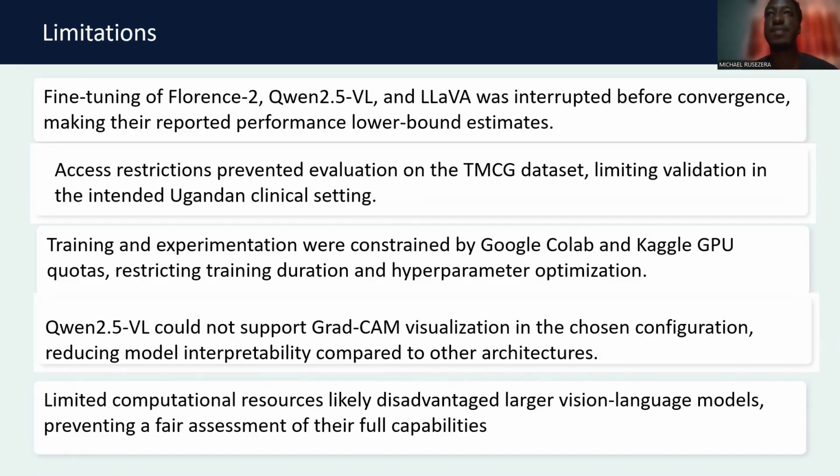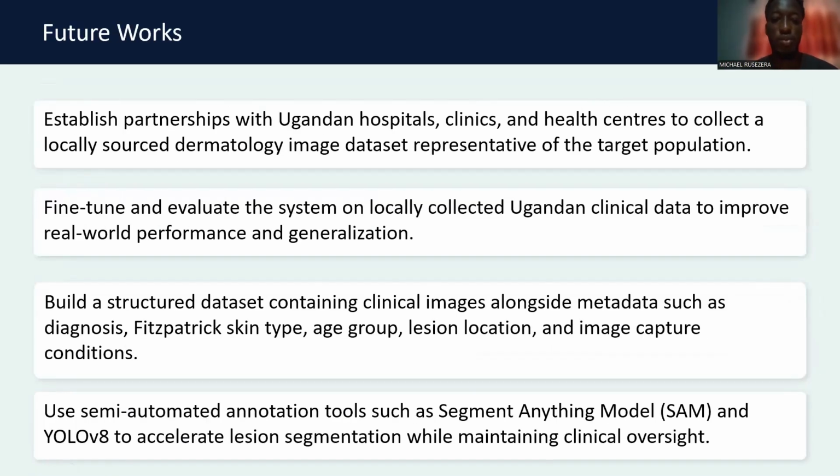Some hospitals didn't have the exact data that we needed, and others you had to go through a long process and we didn't really have access to them. So in our future works, we plan to fine-tune and evaluate the platform using locally collected Uganda clinical data in order to improve real-world accuracy and generalization. We also aim to develop a structured dermatology dataset that combines the images with important metadata such as the diagnosis, the skin type, the lesion location, the age group, that sort of thing.